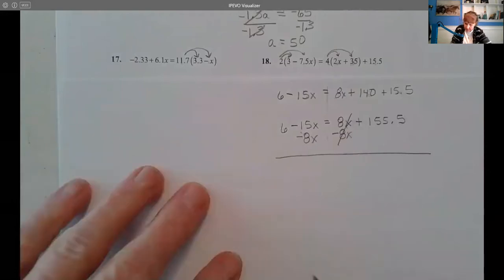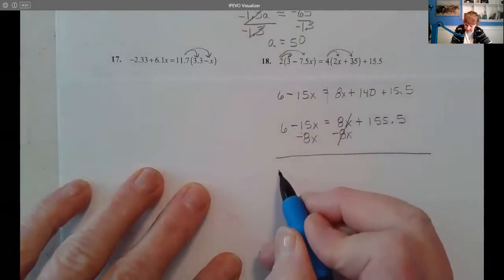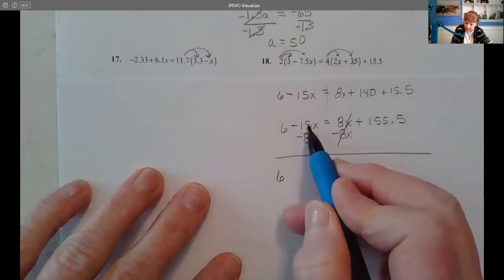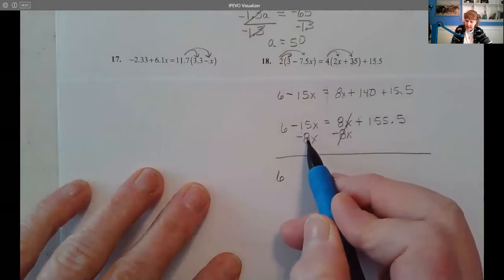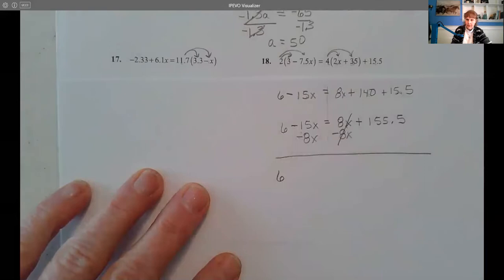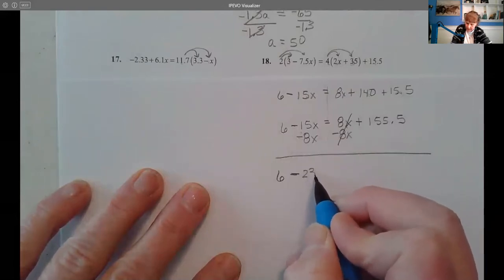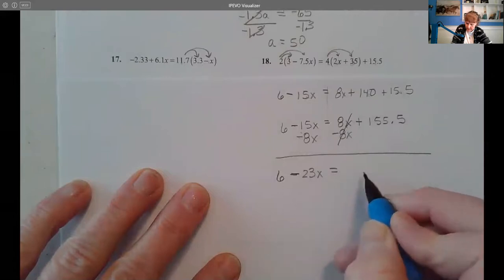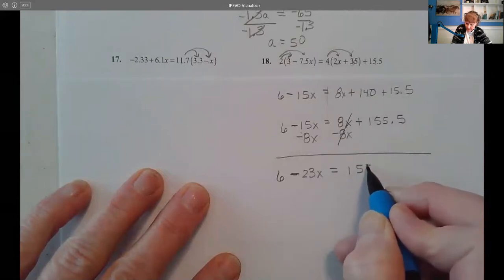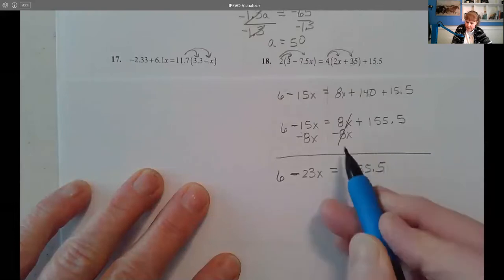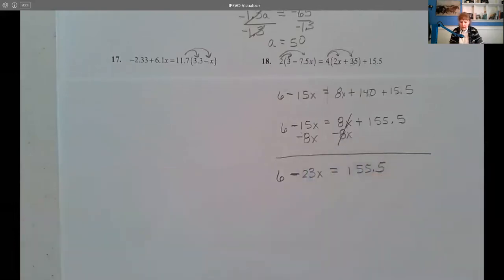All right, so looks like we have the 6, minus 15 and a minus 8. All right, is a minus 23x. So all I did was bring that over.